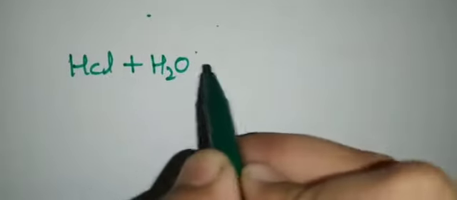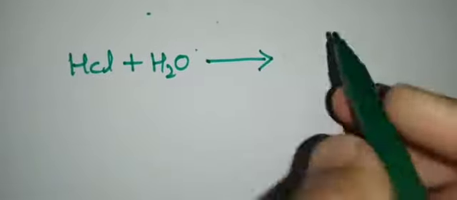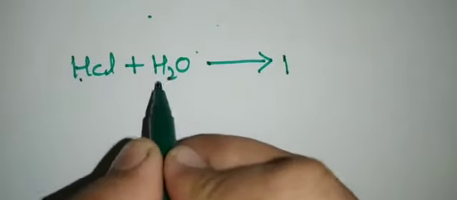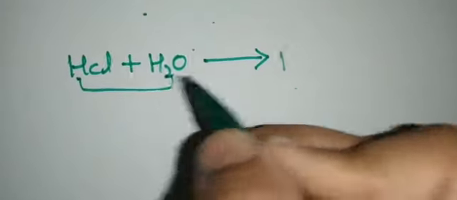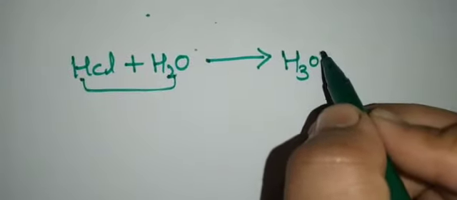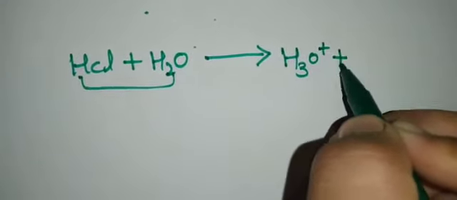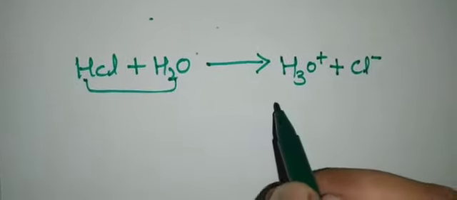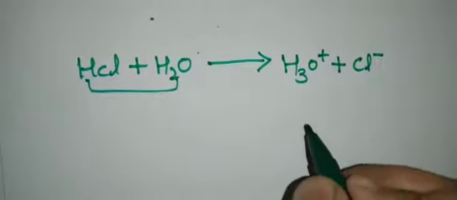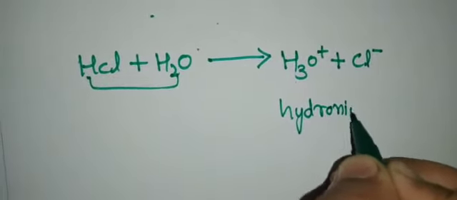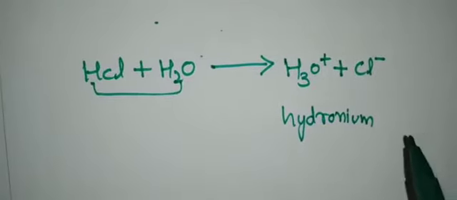When HCl reacts with water, it will produce H3O plus and Cl minus ions, hydronium and chloride ions.